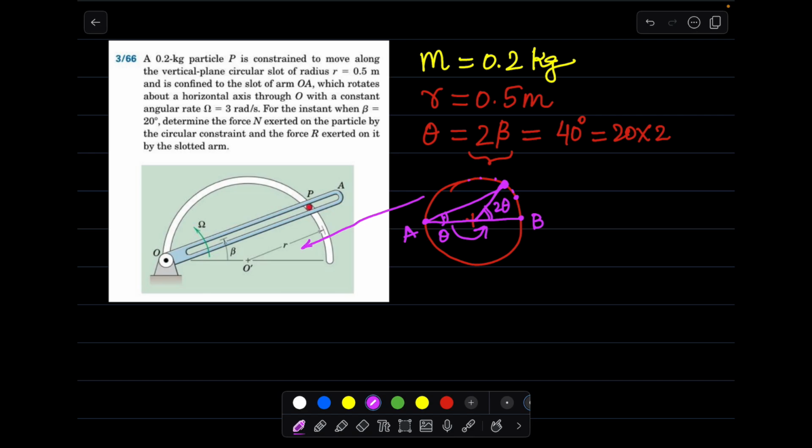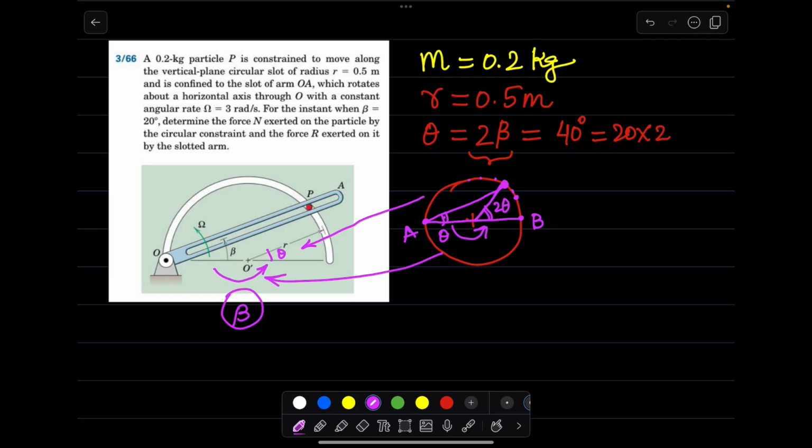We need to find theta at this point. Why we need it, I will explain in a few minutes. So this is the concept we have used here, that beta will be double for this theta.